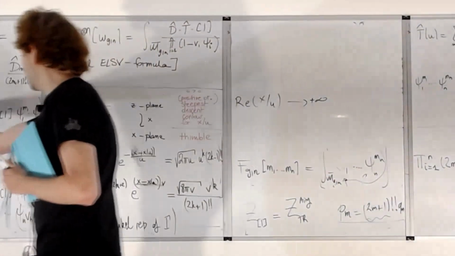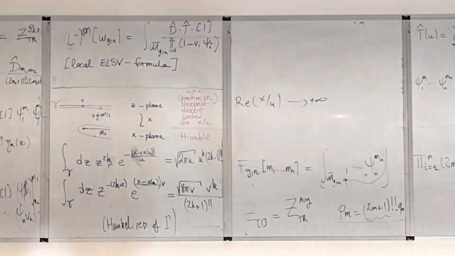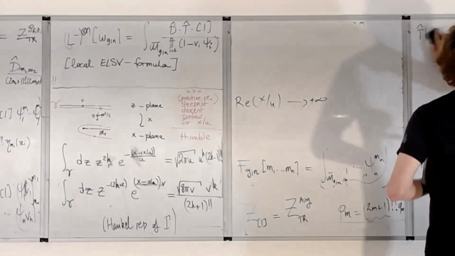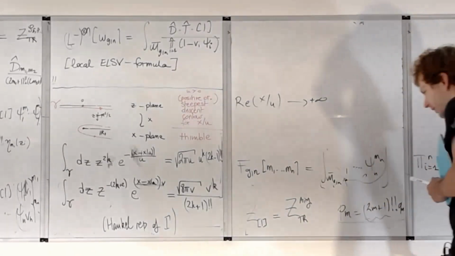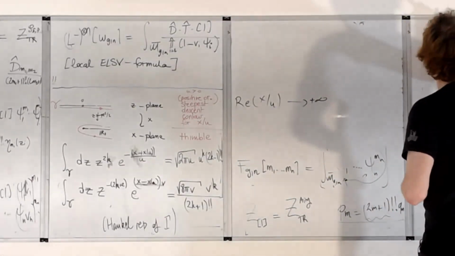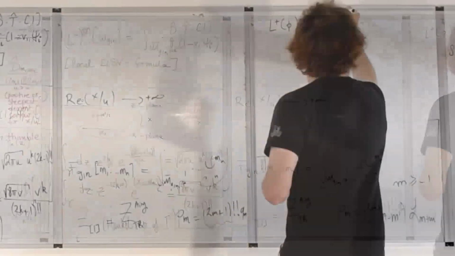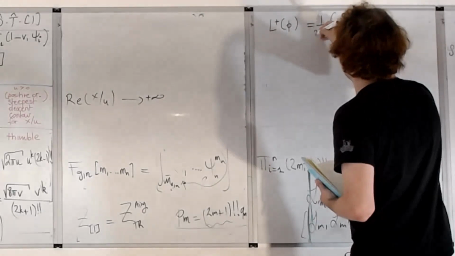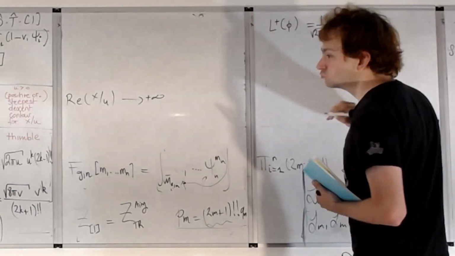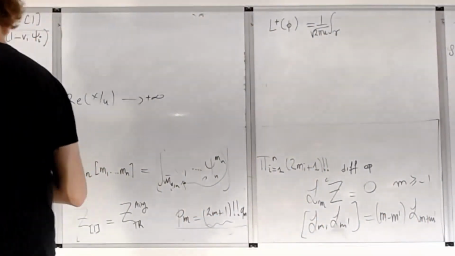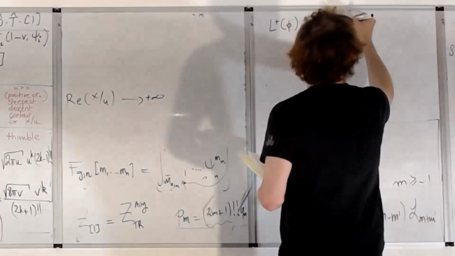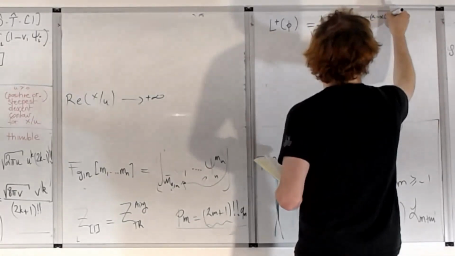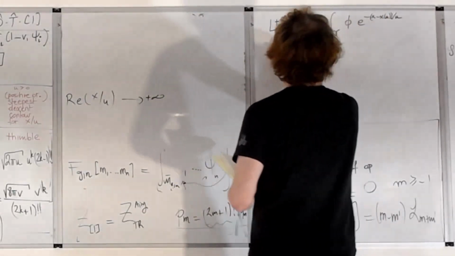So that does exactly what we want here, that represents those maps L plus and L minus in a more analytic way. L plus of phi is going to be the integral over gamma of 1 over 2 pi u, phi, exponential minus x minus xa over u.